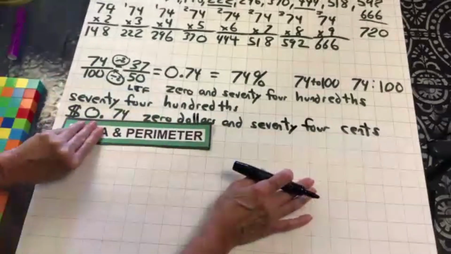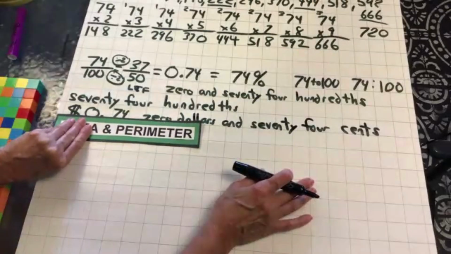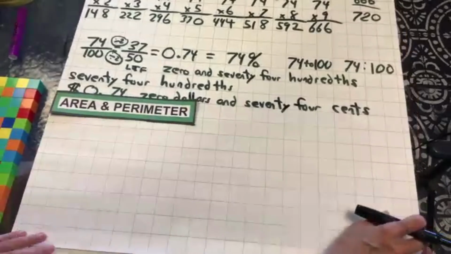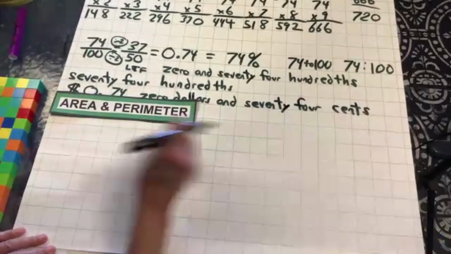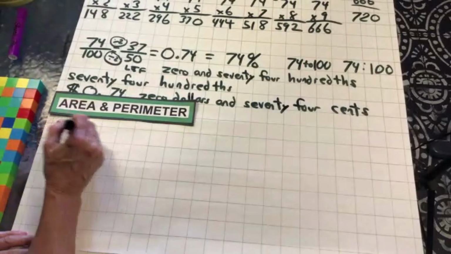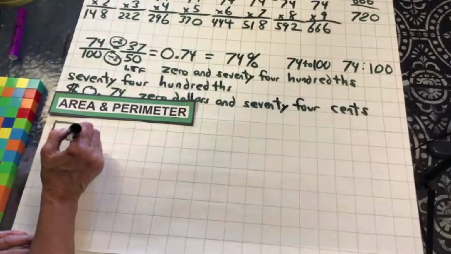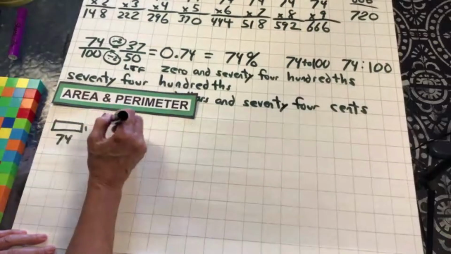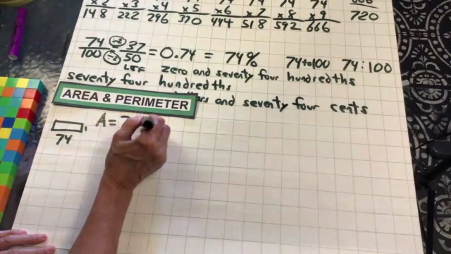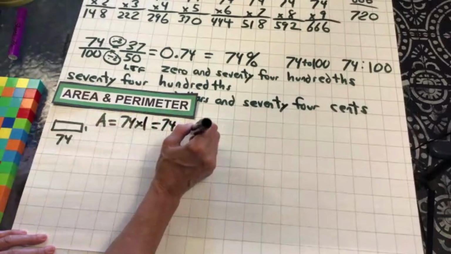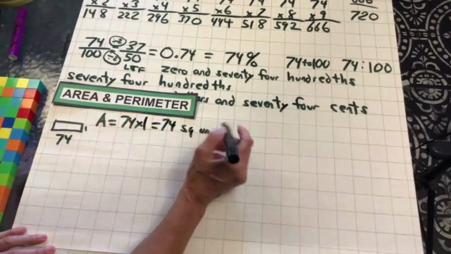Since we only have 4 factors of 74, it's going to be simpler than the number 72. 72, I think, is the craziest that we are going to go over. So here we go. We're going to start off with a 74 by 1. So area equals 74 times 1, which equals 74 square units.